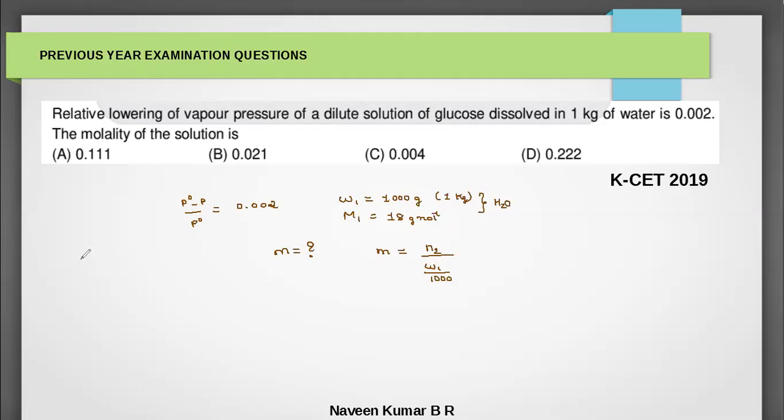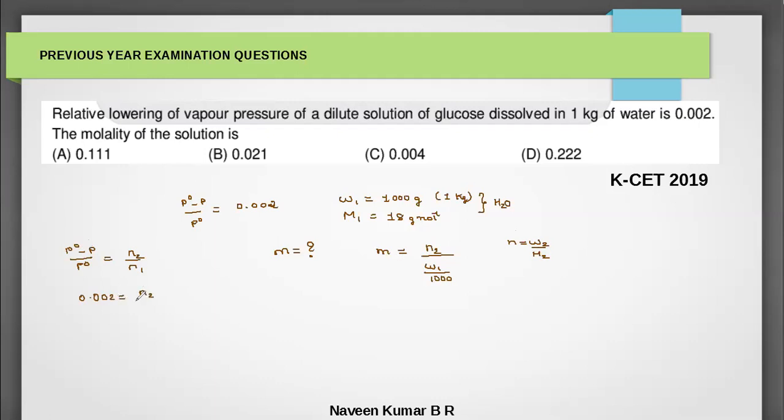We know that the definition of N2 is W2 by M2. We'll try to identify this by using the relative lowering of vapor pressure. We know that P naught minus P by P naught is equal to N2 by N1. P naught minus P by P naught is given as 0.002.